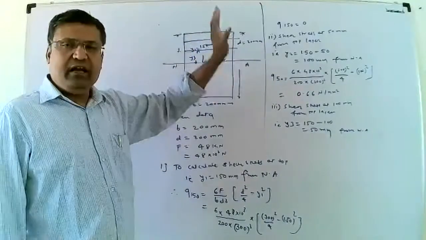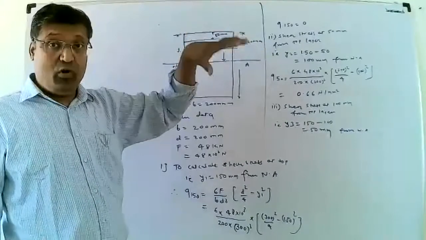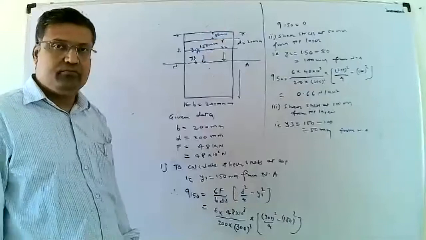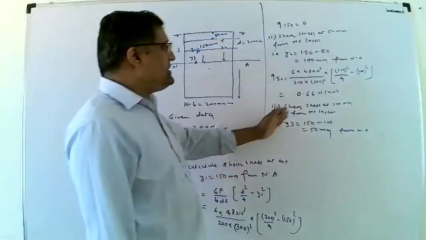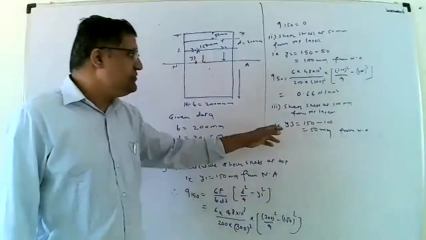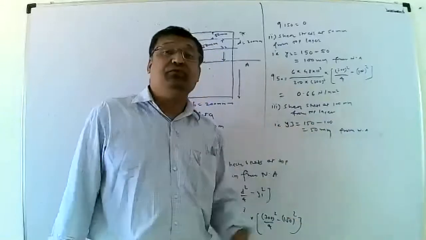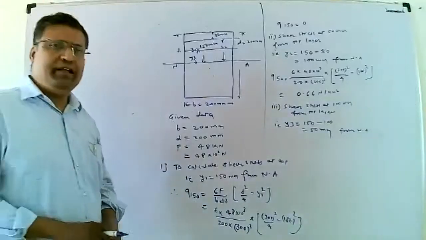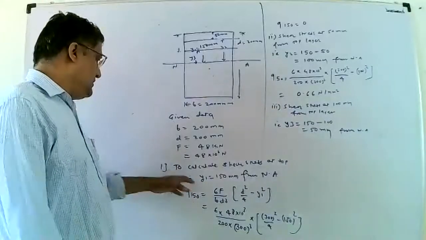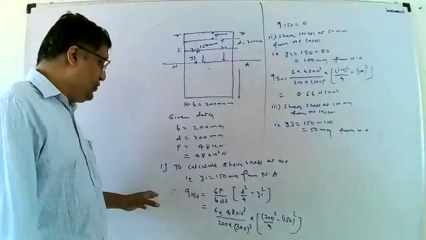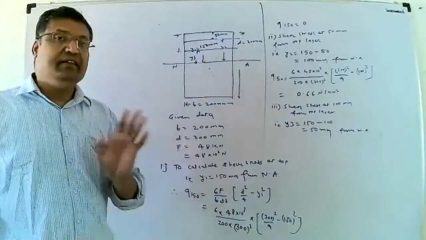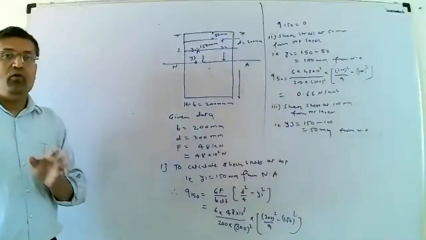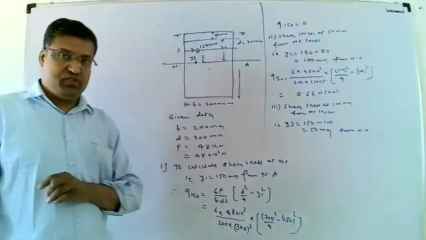Here, shear stress at 100 mm from the top layer, that is y3, 150 minus 100, equal to 50 mm from the neutral axis. The same formula is applicable here. That formula is Q at any distance equal to 6F upon bd cube into d square upon 4 minus y square.